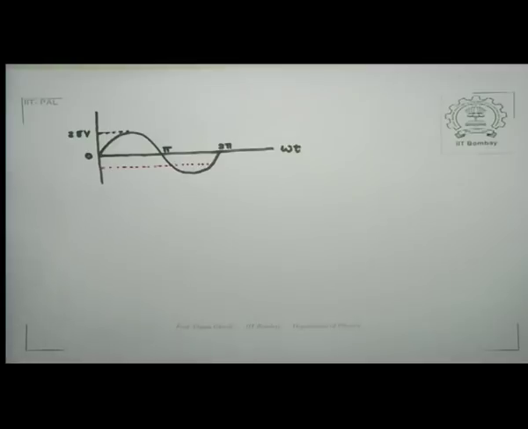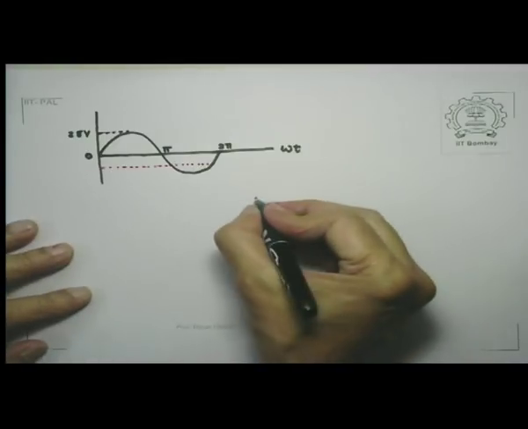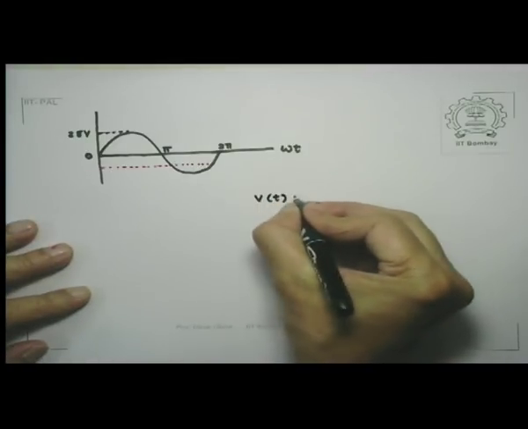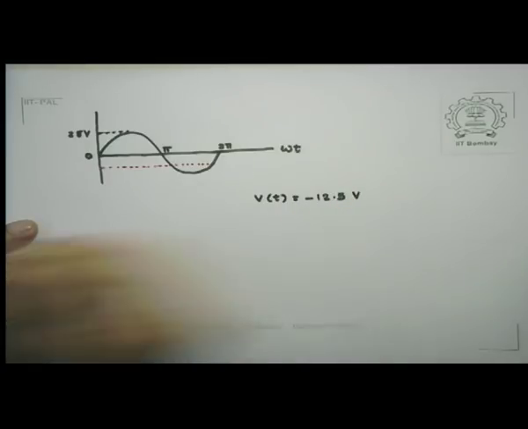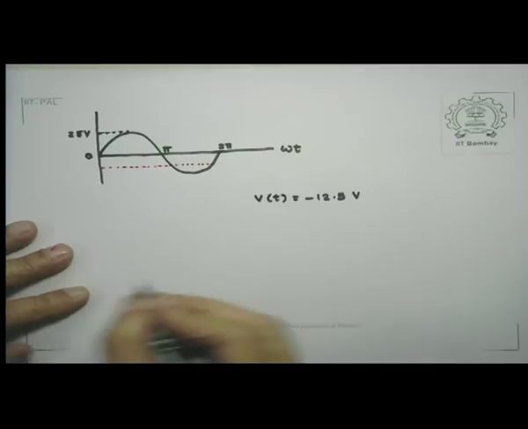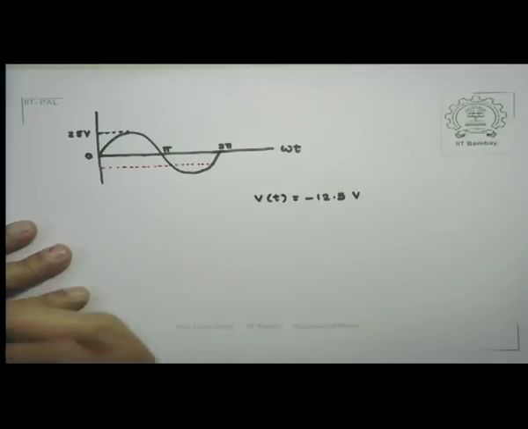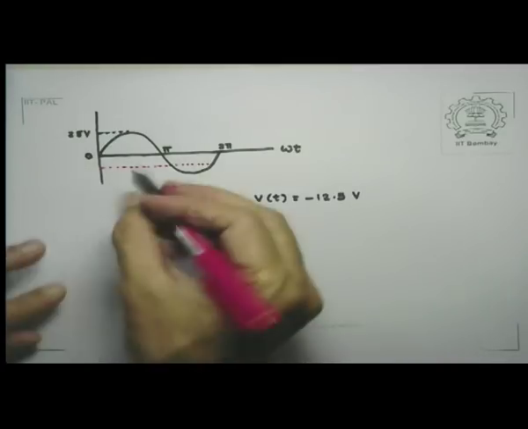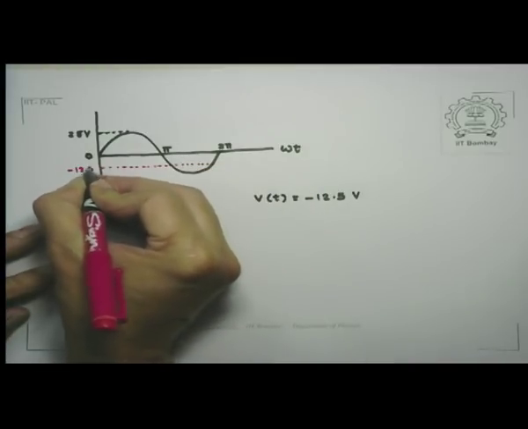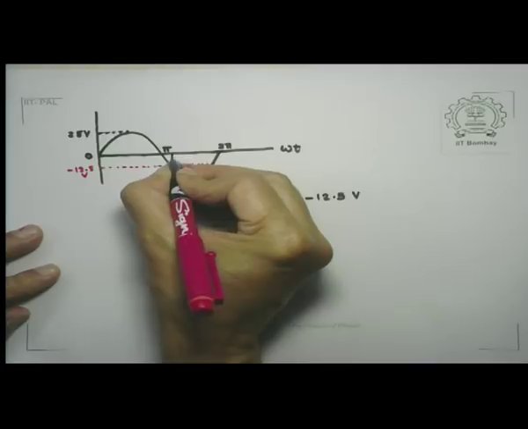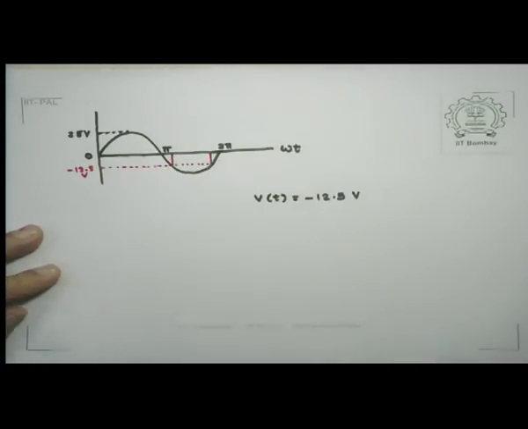Now what we want is V of t equal to minus 12.5 volts and its magnitude should be increasing. But if you look at it, this is minus 12.5, is here as well as there.